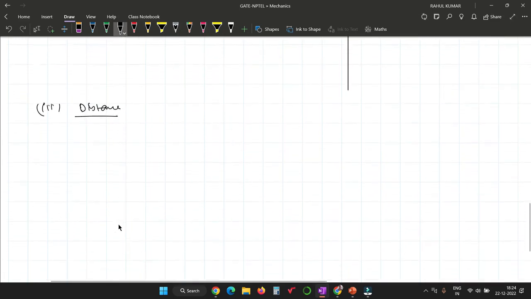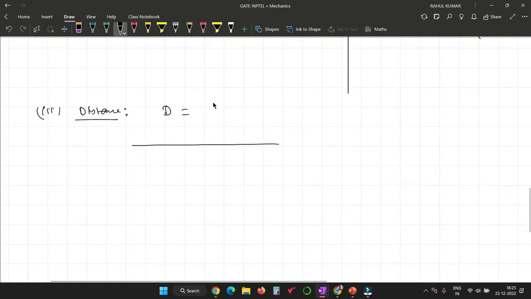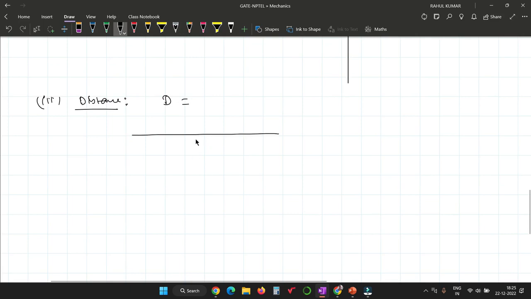Okay, so if the motion is rectilinear, then the distance d is nothing but the what? Suppose the particle's reference point is O, and the particle reaches some point and is moving like this.